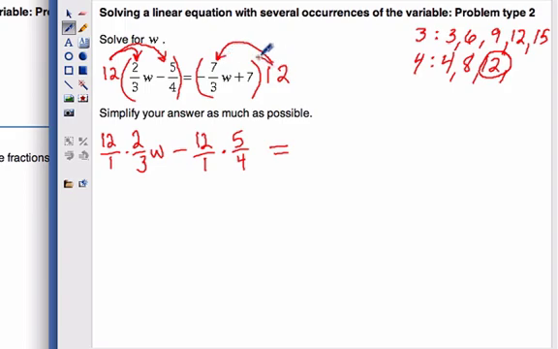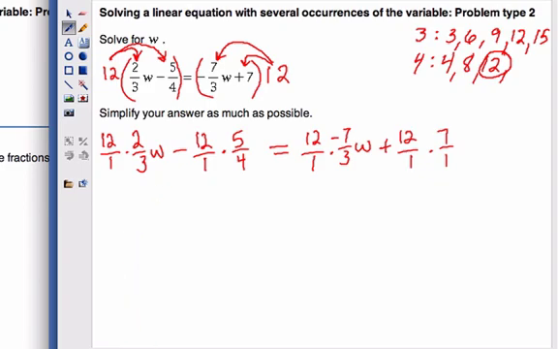We'll distribute this 12 into both terms inside of the parentheses here. So I'm going to write that as 12 over 1 times a negative 7/3 w plus 12 over 1 times 7 over 1. We probably don't need those ones on this last set, but they're there for now.